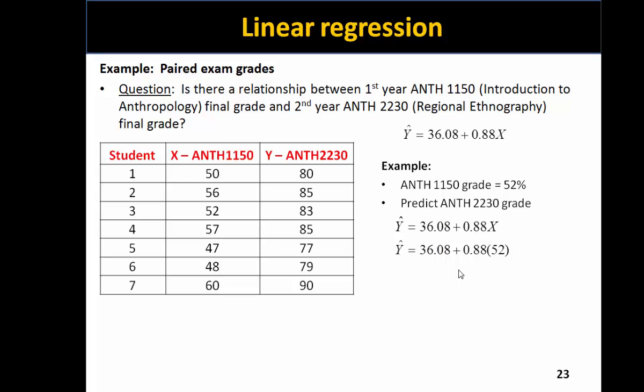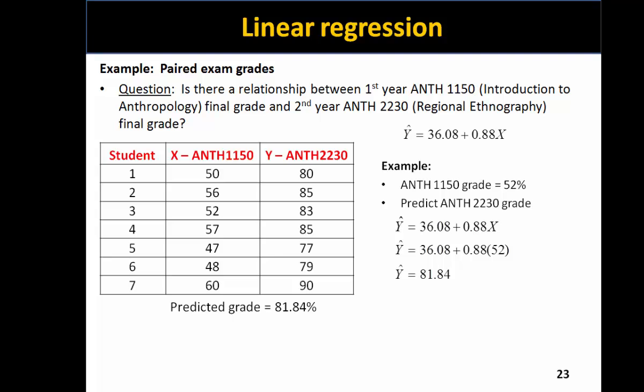We perform the multiplication between 52 and 0.88 first, adhering to the order of operations for arithmetic, and we have a final predicted score of 81.84%. What we're doing here is we're predicting this student's final grade in the second anthropology course before the student even registers for that second year anthropology course, given their first year score.